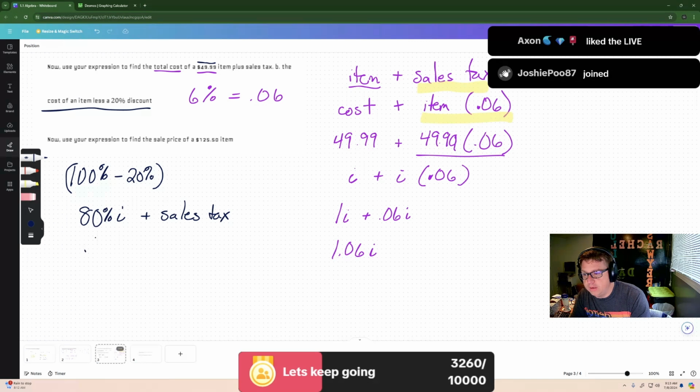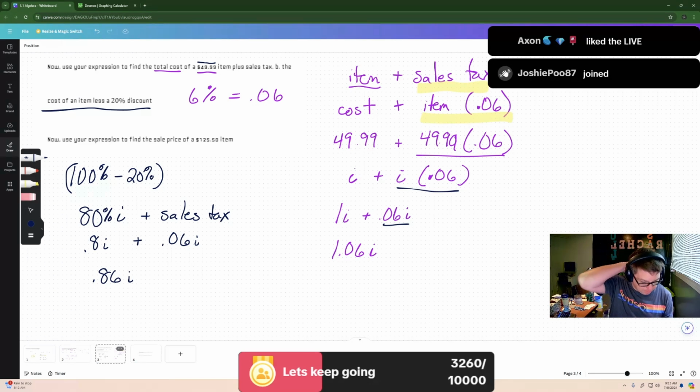So we have 0.8i here. And then remember our sales tax was 0.06i. So now we are going to do 0.86i. So 80 cents plus 6 cents equals 86 cents. I'm okay with that math. If you are, hopefully you are.